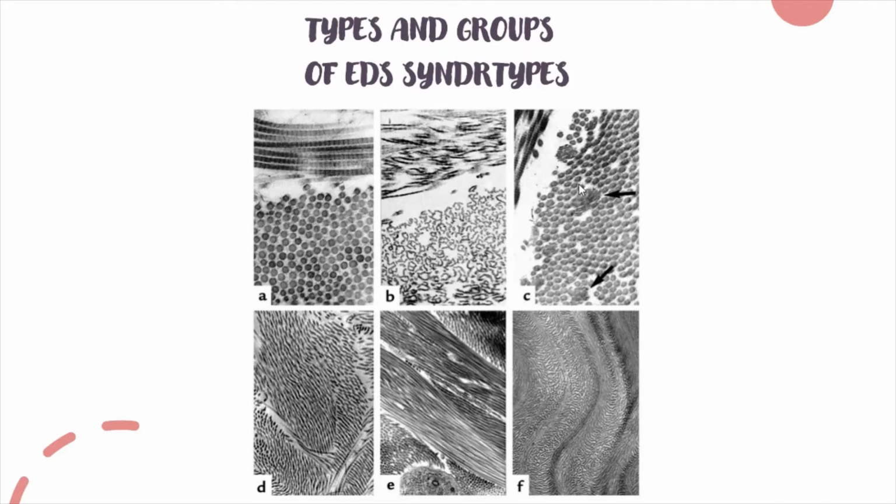And here we can see composite fibrils from a TNX deficient person. Here they are usually uniform in size, but here we cannot see any composite fibrils. For example, it is the TNX null condition, and here we can see fibrils are less densely packed and are not aligned with neighboring fibrils.